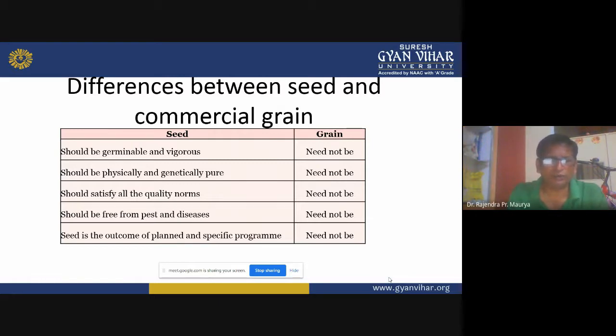And seed should be free from pests and diseases. In the case of grain, not necessary. And seed is the outcome of a plant breeding program and specific program, while grain is not. So we can say for seed, all parameters are very, very important and they must be present.